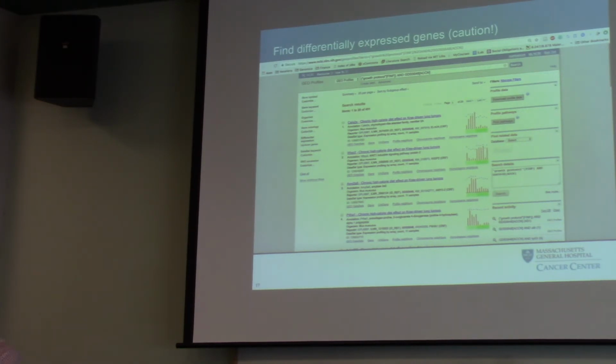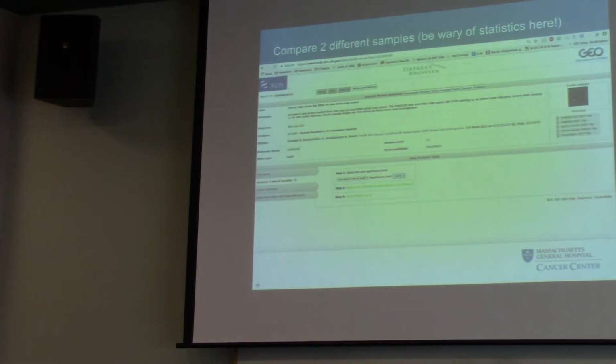The website also offers the ability to find differentially expressed genes, but I would caution against using that functionality specifically. Unfortunately, the way in which the website currently calculates differential expression is just by a non-multiple-testing-corrected two-tailed t-test, so I don't think it's the most statistically robust method by which to get differential expression data.